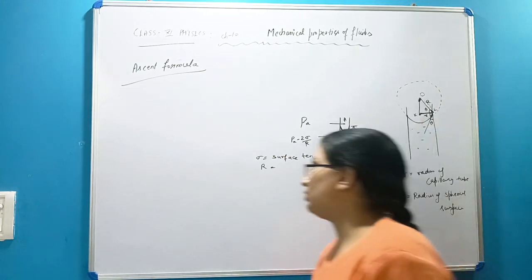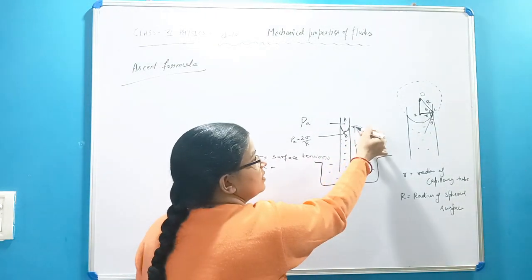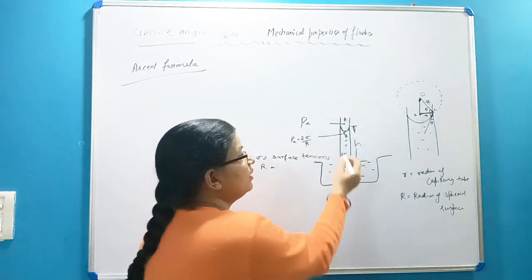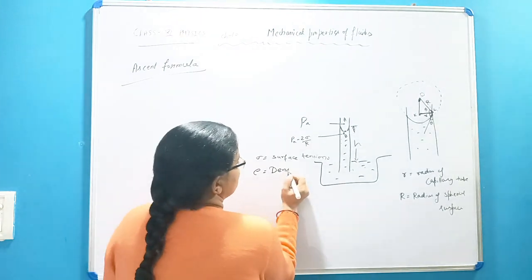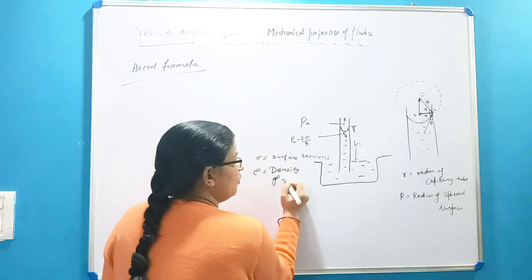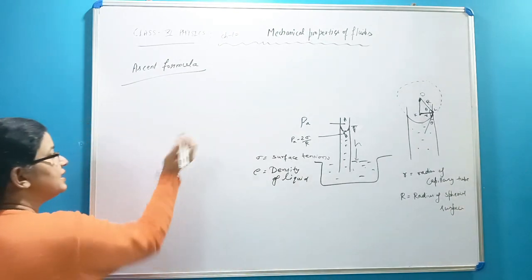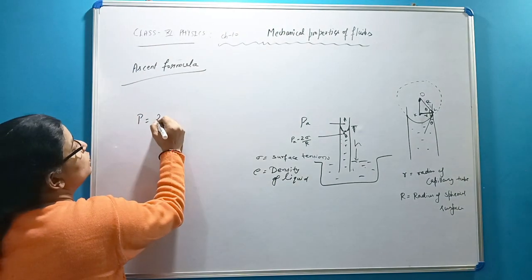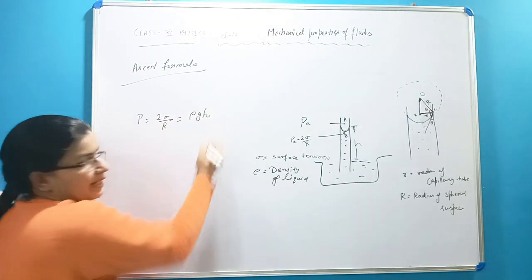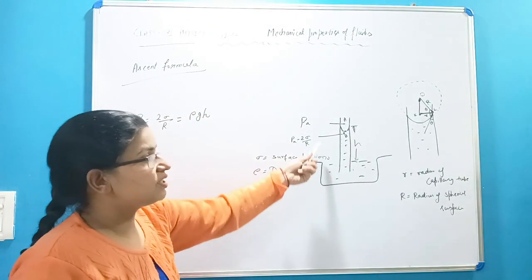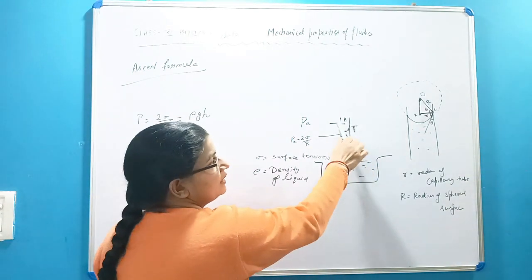Now what will we do here? This excess pressure is equal to rho g h, where rho is the density of the liquid. So 2 sigma by R is equal to rho g h. Why? Because this extra pressure is enhancing the height of the liquid, and the shape is concave.